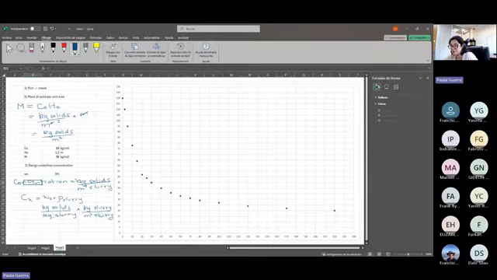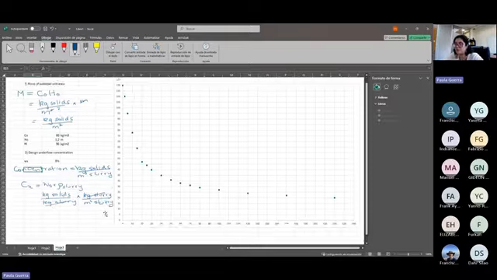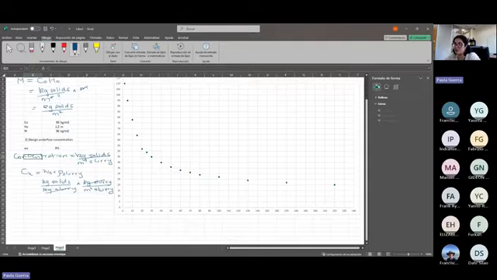So these two get cancelled out, and this results as kilograms of solids over cubic meters of slurry. So now what we need to do is calculate the density of the slurry.